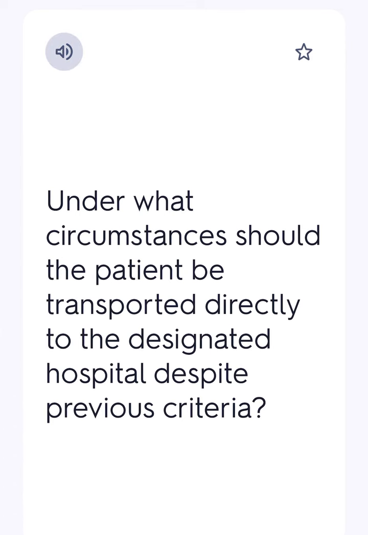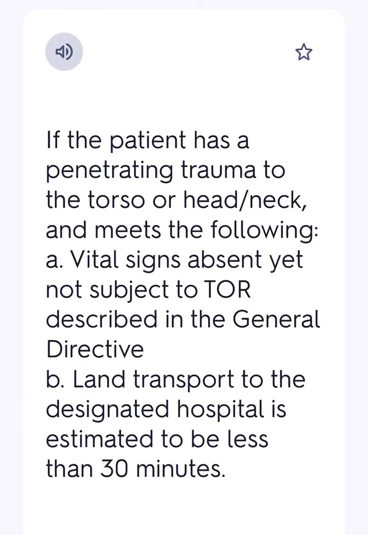Under what circumstances should the patient be transported directly to the designated hospital despite previous criteria? If the patient has a penetrating trauma to the torso or head/neck and meets the following: A. Vital signs absent yet not subject to TOR described in the General Directive.